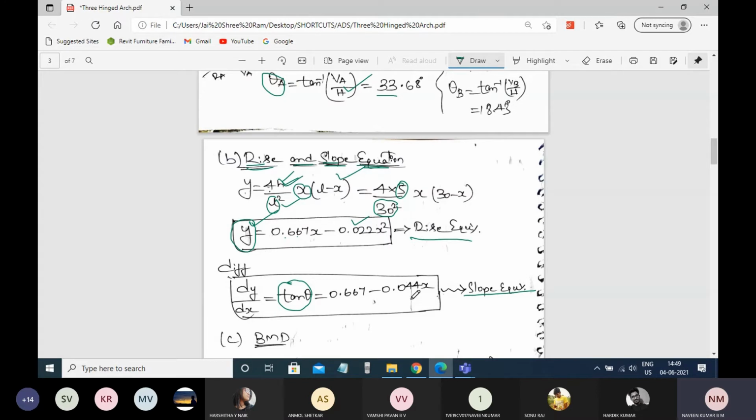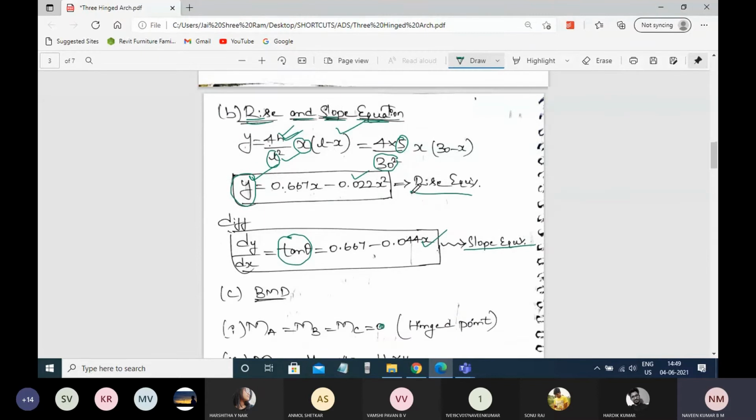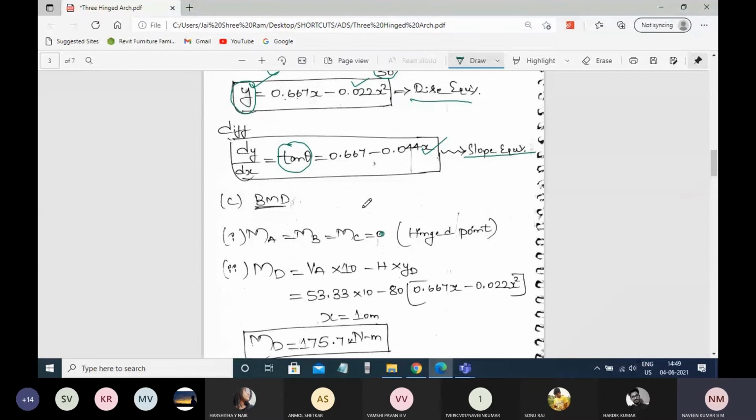So if I differentiate, you will get the slope equation, that is 0.667 minus 0.044x. Understood?